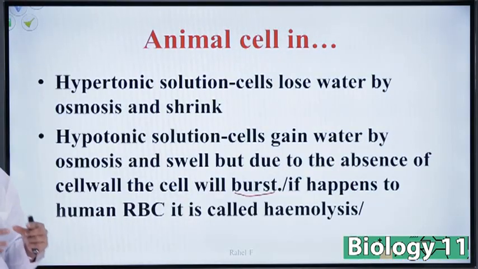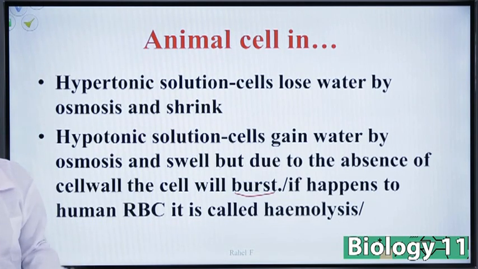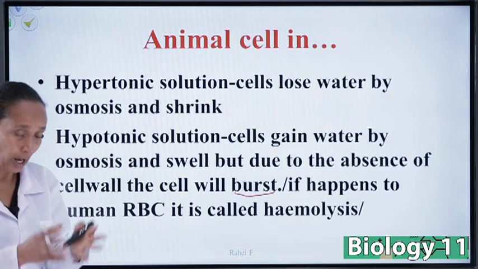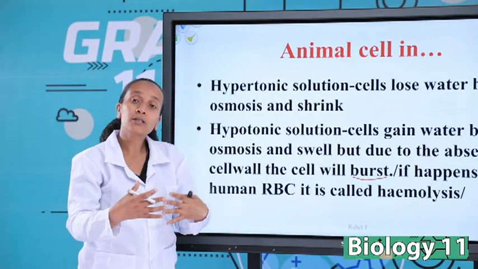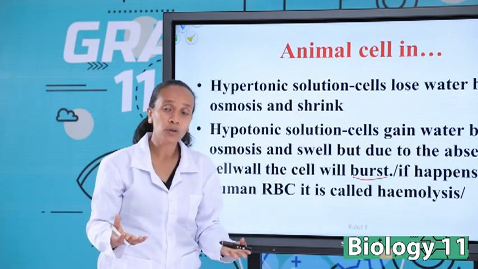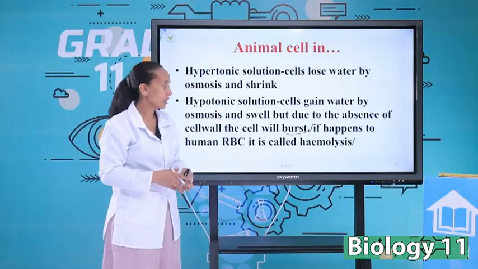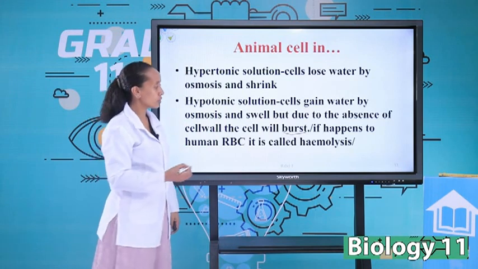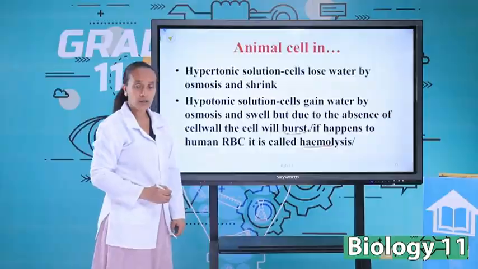If you put a human red blood cell under hypotonic solution, the cell will gain more water, and since the human red blood cell is an animal cell, it has no cell wall that can give support or strength, the cell will rupture or burst, and this condition is known as hemolysis.